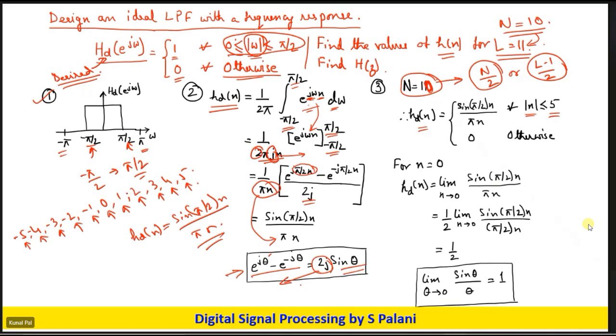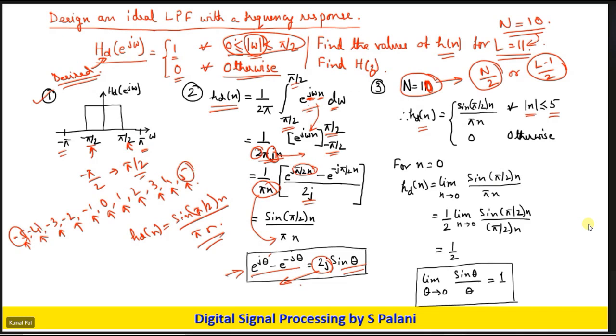Instead of doing the numerical from 0 to 10, I prefer to do it in this way because we have already discussed that for type 1 and type 2 filters, the values of h(-5) and h(5) would be the same.